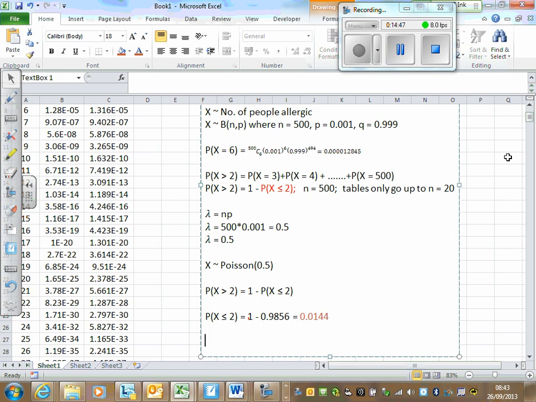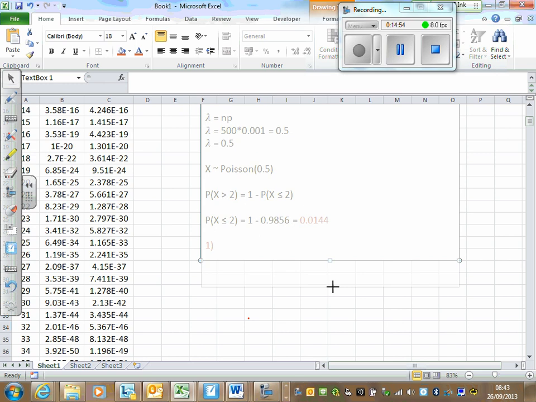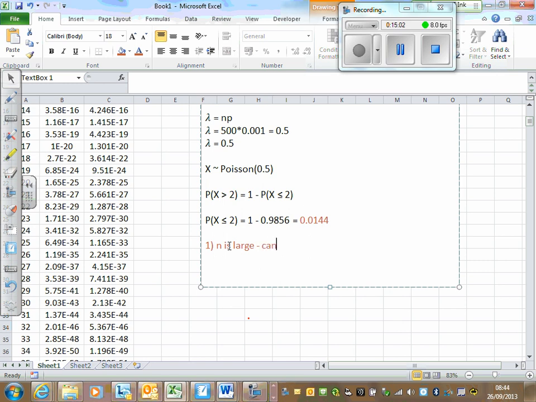So the key conditions which you need to decide whether you can use the Poisson to model the binomial are, first, that n is large. n is big, which basically says you can't use the tables. We also need p to be small.